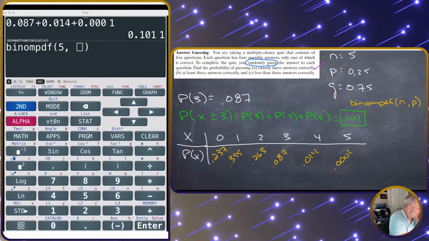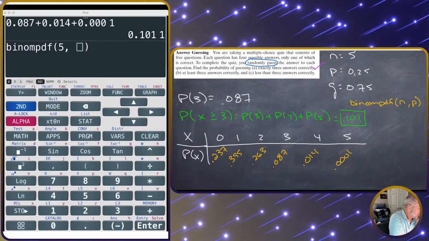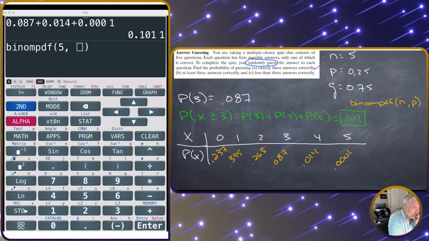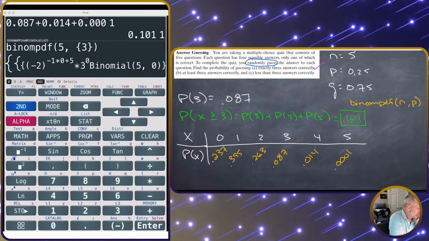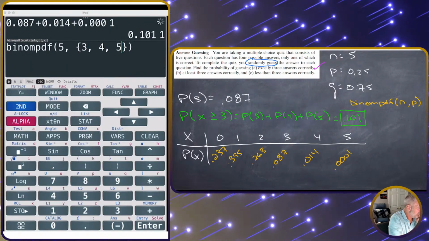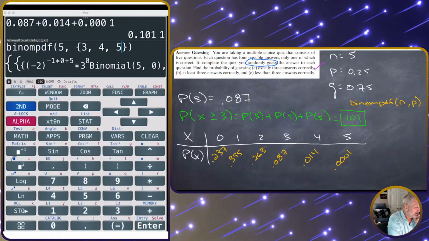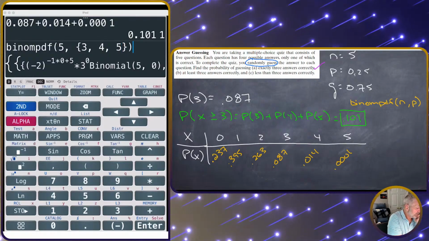Comma, second parentheses, and then I'm going to put 3, comma, 4, comma, 5. So you see those different parentheses that I've got in there? And I'm going to go enter.